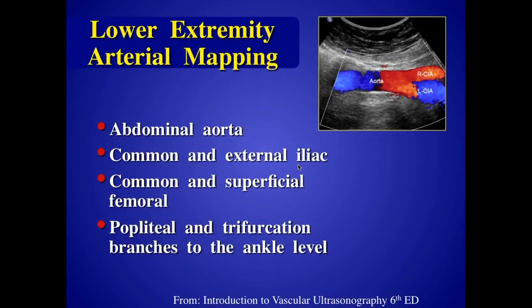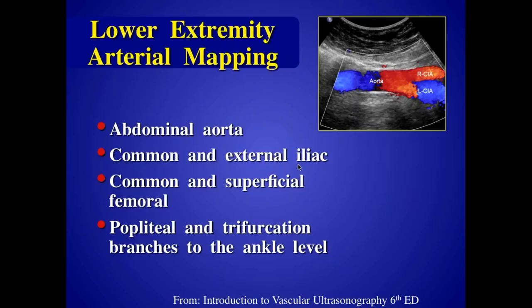So when we do these exams, whether it's a mapping or focus study, we utilize all the different ultrasound modes. And the way I think about it is that we use the grayscale to evaluate for the presence of plaque. Obviously, if we have a normal vessel, the vessel walls are smooth and thin with no evidence of echogenic material within the lumen.